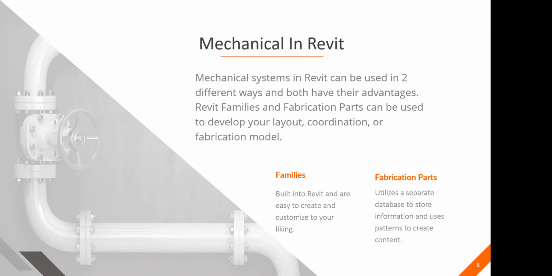Some of the cons are the database is hosted within the model or in a library on a server. If a family is in the model and it is built a certain way by a certain person, and then another person wants to adjust it a different way, it's very easy for them to manipulate that. They have the same functionality, you can make them accurate, you can make them fabricatable. It's just that they can change and be easily adjusted.